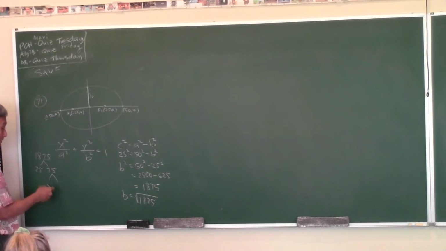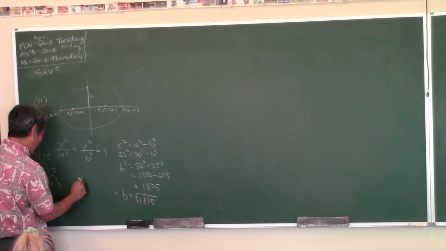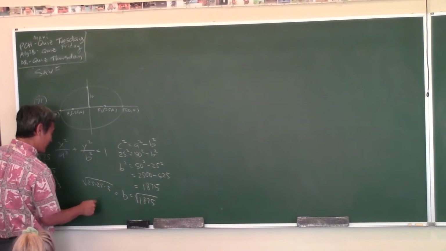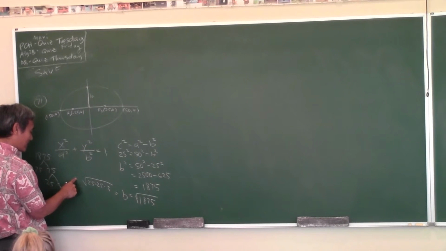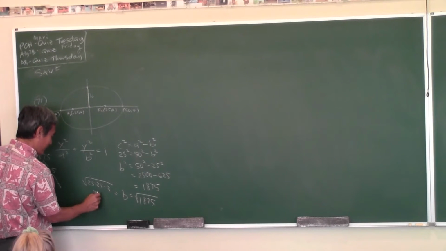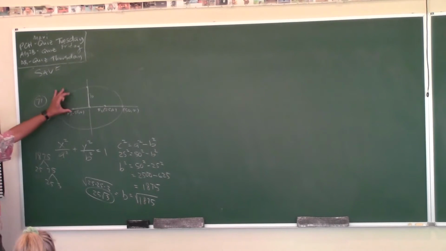But then 75 is 25 times 3. So this is the same thing as the square root of 25 times 25 times 3. But 25 comes out as a 5, so this is just 25 root 3. Kadoon! That's how tall this should be right there.